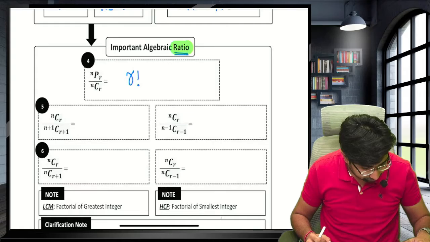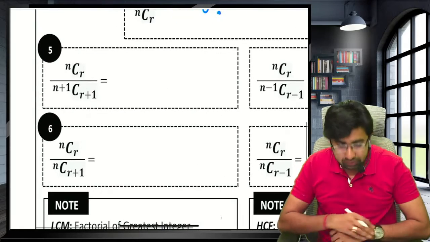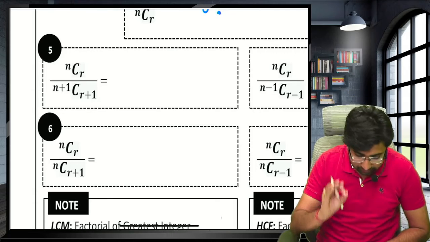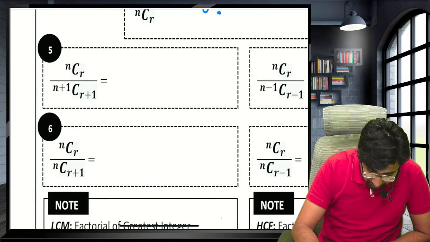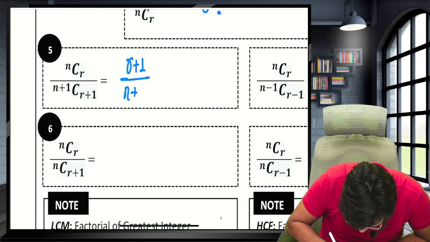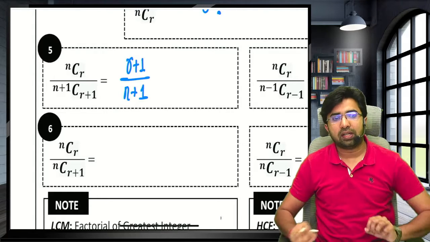Now see, the ratio of NCR upon n plus 1 C R plus 1 is equal to R plus 1 upon n plus 1. Guys, hold this in your mind.